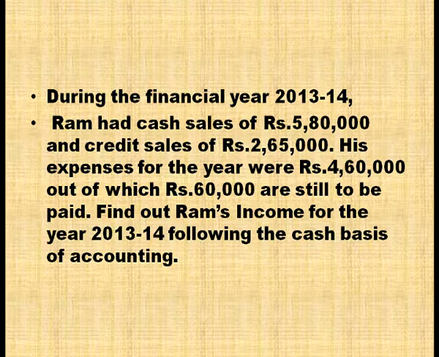His expenses of the year were rupees 4,60,000, out of which 60,000 are still to be paid. So, whatever is paid and whatever is received only will be considered in cash basis of accounting. And find out Ram's income for the year 2013-14 following the cash basis of accounting.